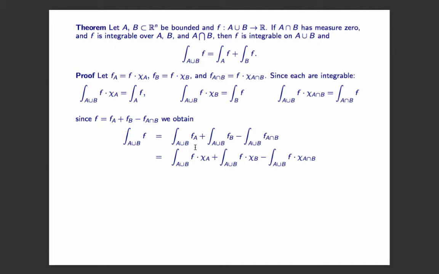Well, remember, fA is f times chi A, fB is f times chi B, and fA intersect B is f times chi of A intersect B. And as we just got through saying, this is the integral of f over A plus the integral of f over B minus the integral of f over the intersection.